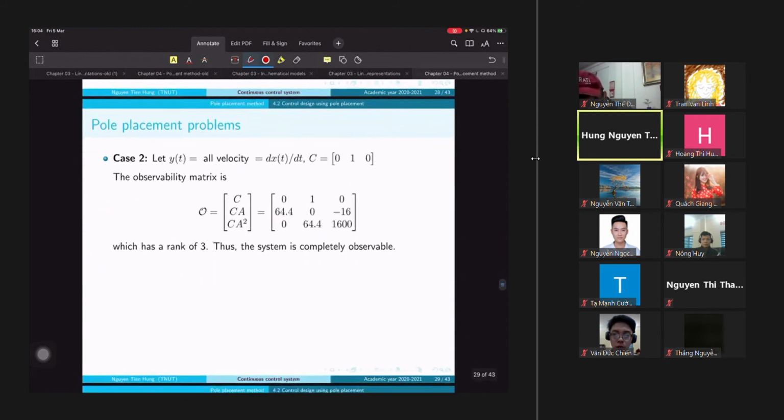In the second case, we assume that we do not measure the distance, but we measure the velocity of the ball, and see what happens.